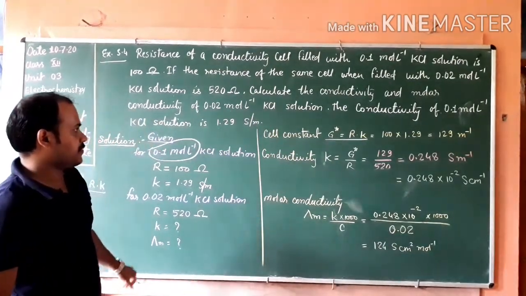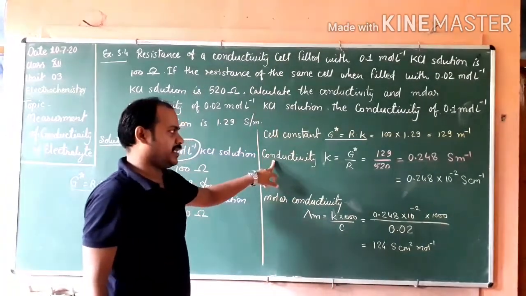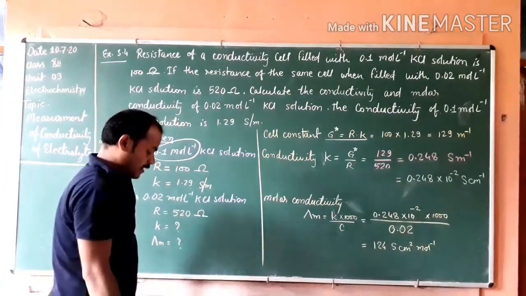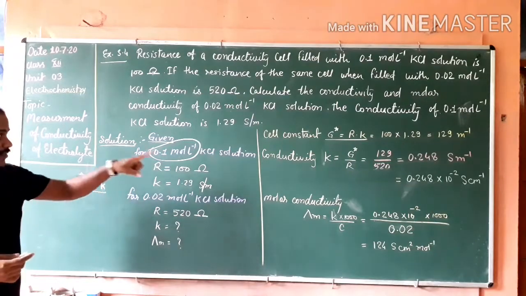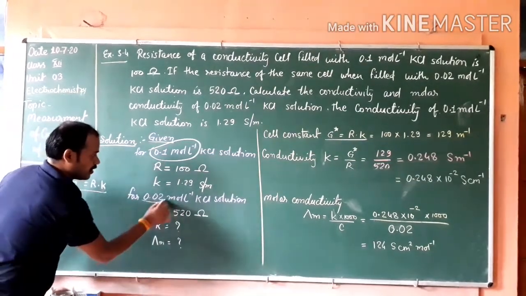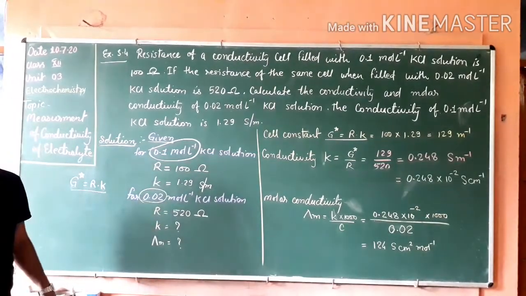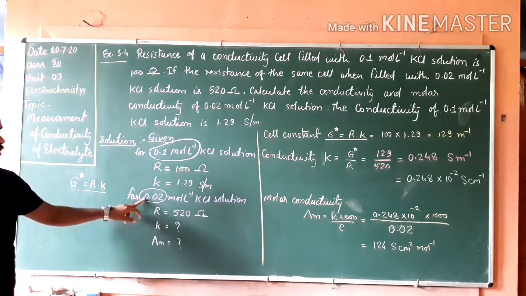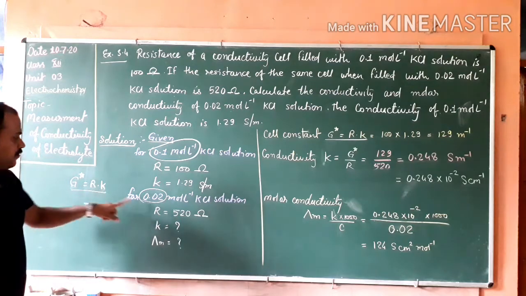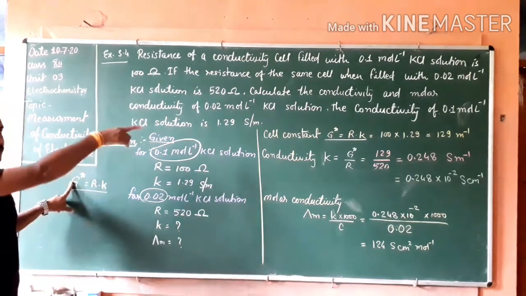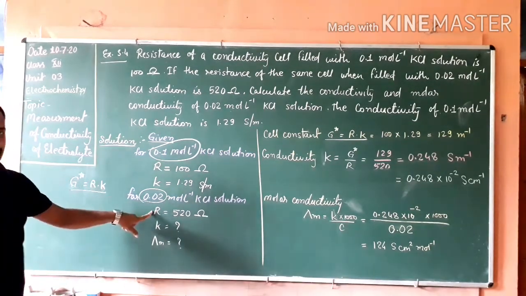Then next thing is conductivity. Now we are going to calculate conductivity for this solution. So the conductivity is equal to cell constant by R. For this solution, cell constant we have calculated, R is given.